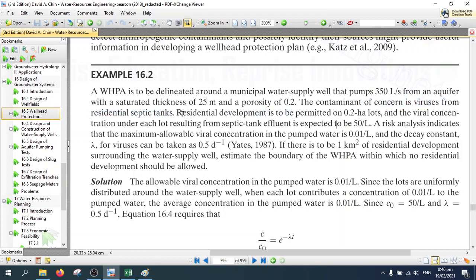Now, the potential source of your viruses in this problem is your residential development. You have houses, you have people, they have toilets, they poop, and their poop might have viruses.